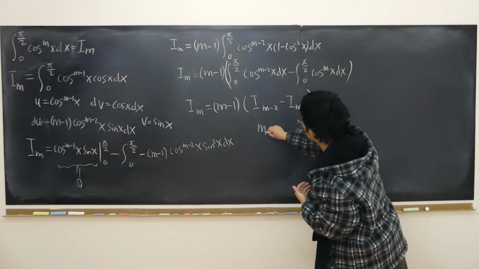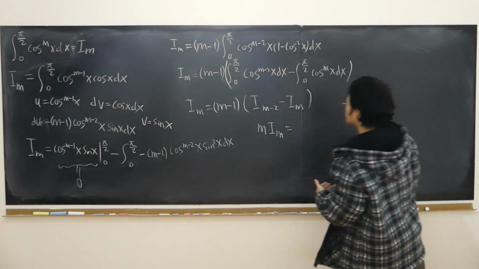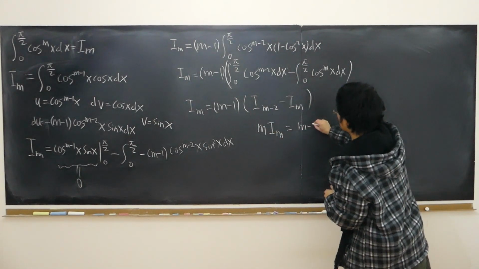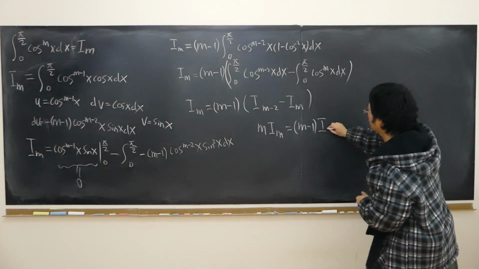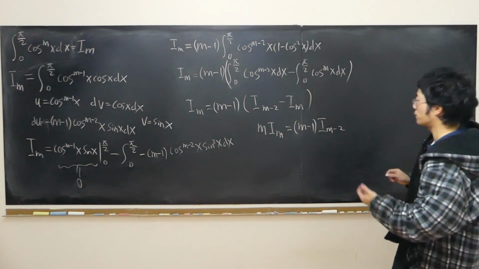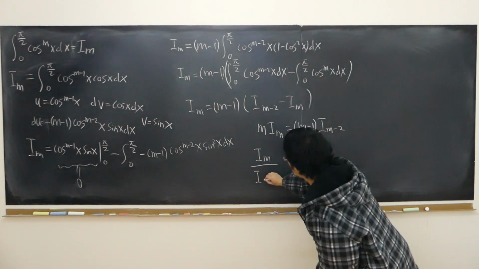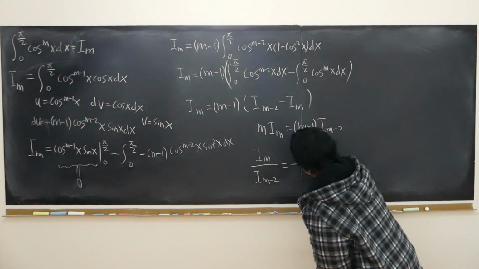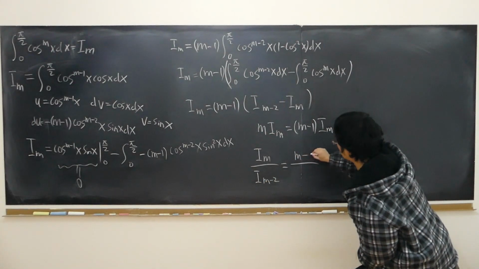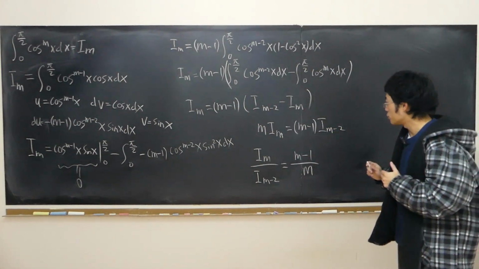So m times I sub m is equal to, still we have distributed this onto that, m minus 1 times I sub m minus 2. This is our relationship. Maybe let's rewrite it further. So I sub m over I sub m minus 2 is equal to, this goes here, this goes down there, so m minus 1 over m. This is our useful relation.